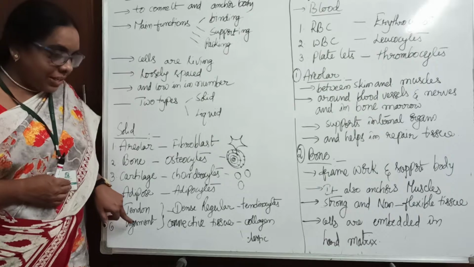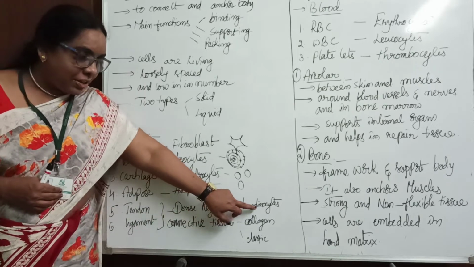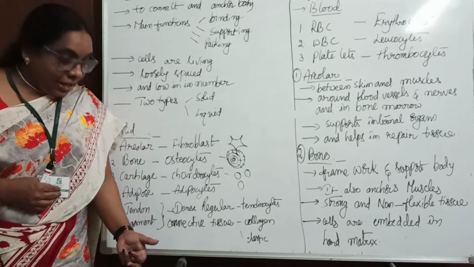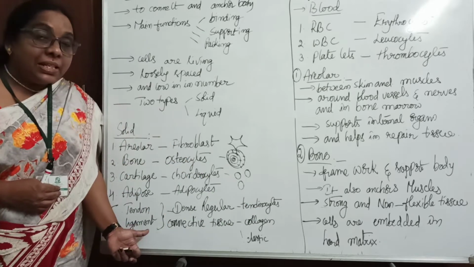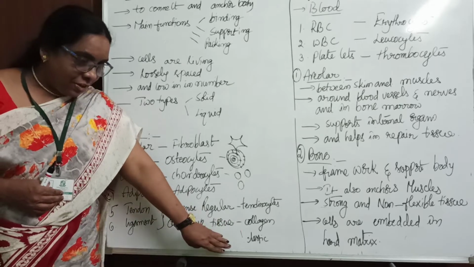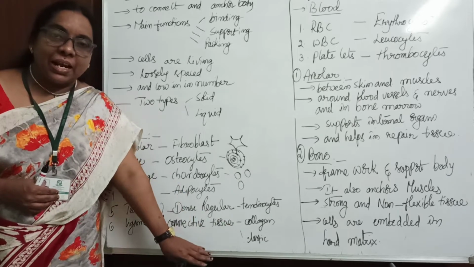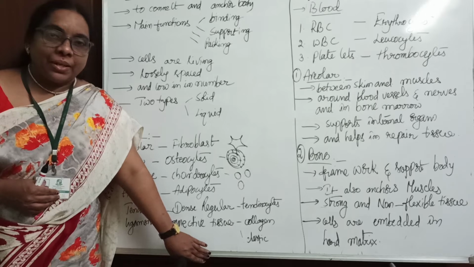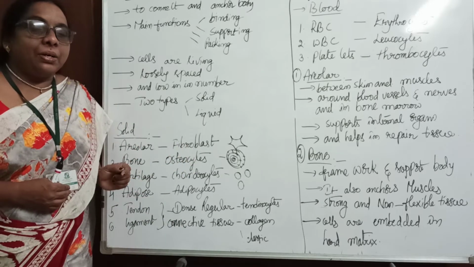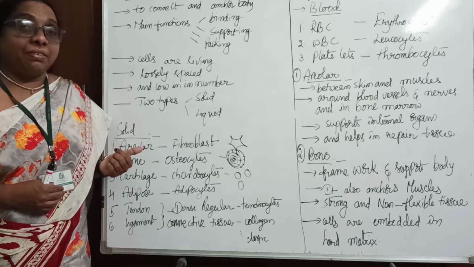The cells in the tendons are called tendinocytes. Whereas the ligament has a protein, called collagen, and it is elastic in nature. Children, these are the 6 types of solid connective tissue.